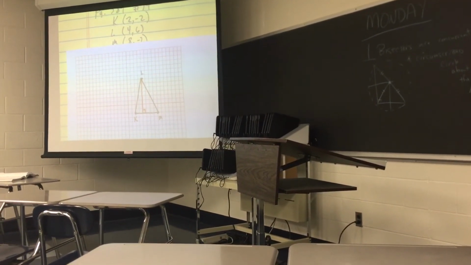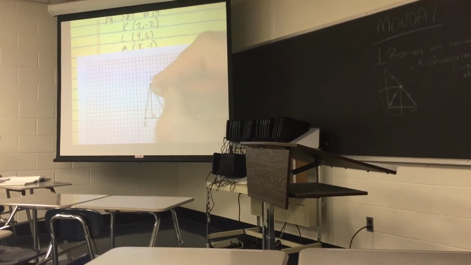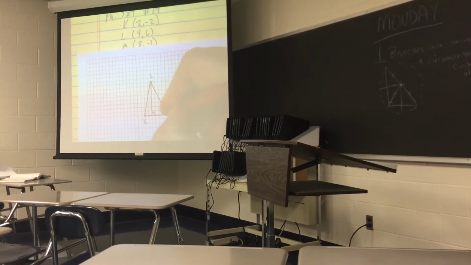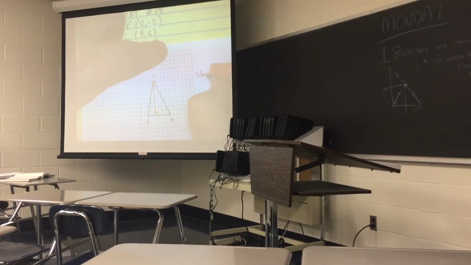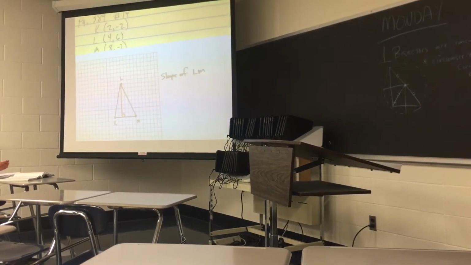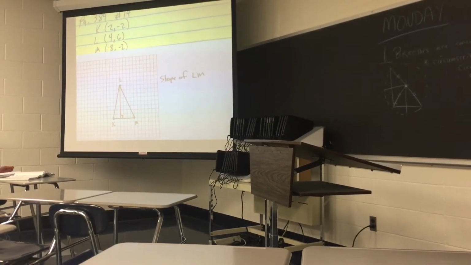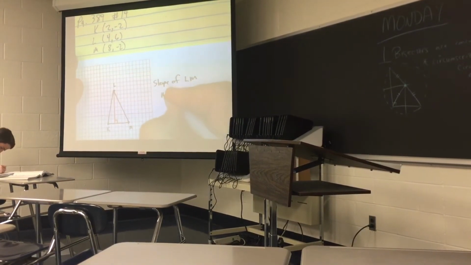Now, if I'm trying to go to the perpendicular of LM, I have to know what the slope of LM is. The slope of LM with those coordinates is the change in y over the change in x.